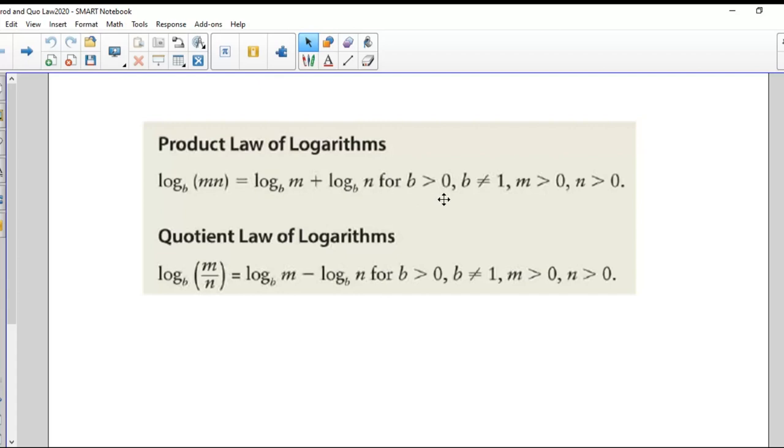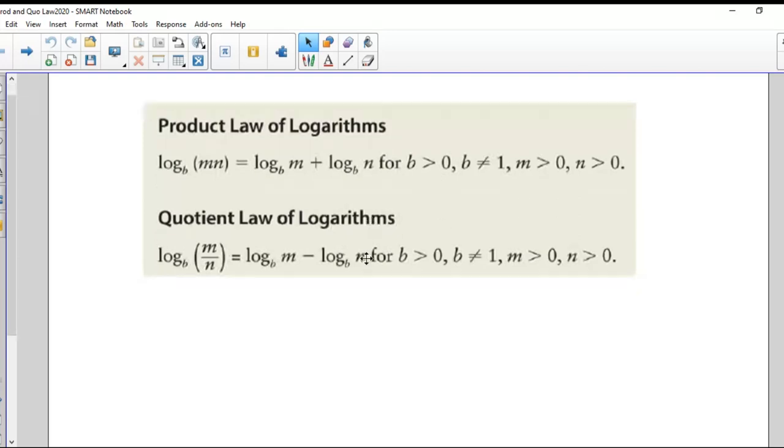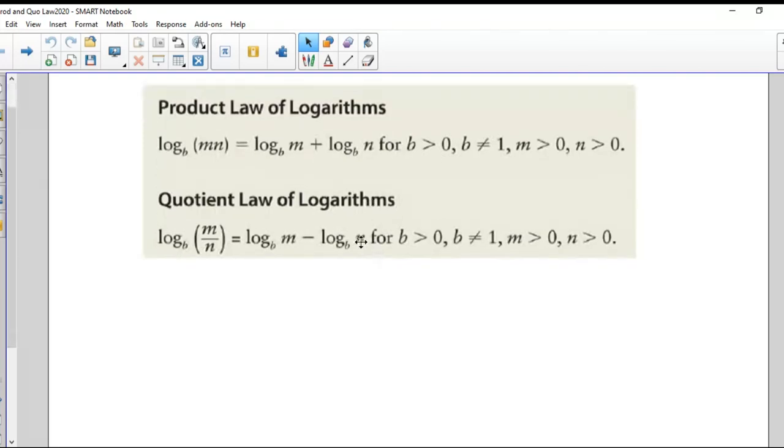We've talked about this before, right? It has to be greater than 0. The quotient law is kind of what you expect it to be. If I'm dividing two things that have the same base, I would subtract their exponents. If I'm taking the log of a quotient, then another way that I can write that is to take the log, if it's in the same base as the original, the log base b of m minus the log base b of n.